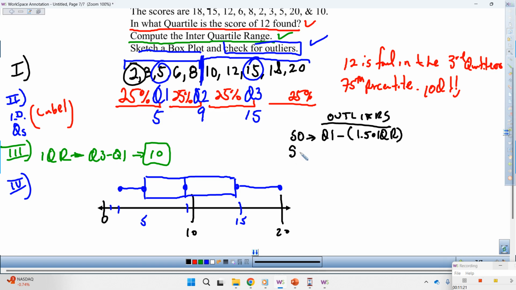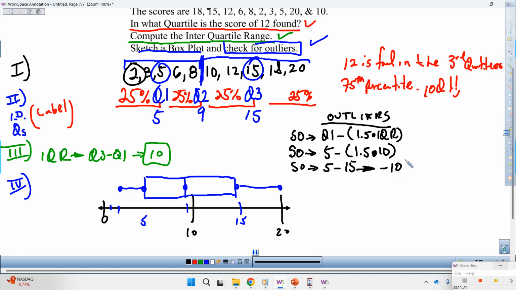So small outlier, we're going to check. Q1 was what? 5 minus 1.5 times the IQR. What was the IQR? 10. So therefore, we got small outlier is 5 minus 1.5 times 10, that's 15. So what is 5 minus 15, everyone?